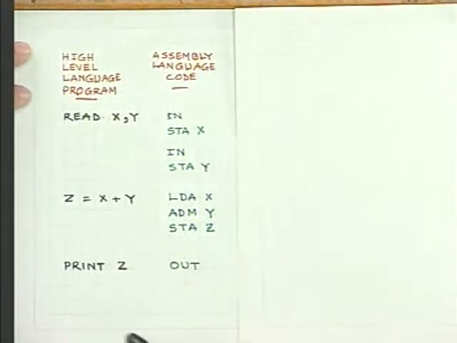Now, I have assumed here that I am talking of a computer which is accumulator based. That means it has an accumulator where if I input something, it comes directly into that accumulator. And if I want to store something from the accumulator, I can use an instruction like store accumulator x.